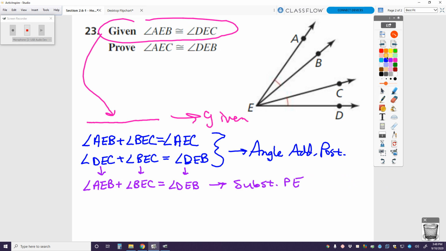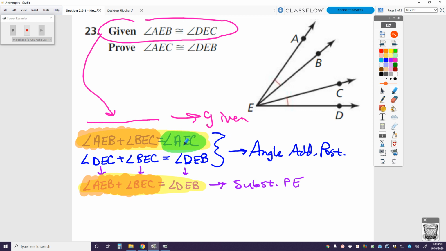Now here's where I want to draw your attention. Notice this new thing and this older thing that we haven't used yet. Notice the left sides of those equations: angle AEB plus angle BEC, angle AEB plus angle BEC. They're a match, which now means we can use that good old transitive property to pull together what those two pieces are on the right side.